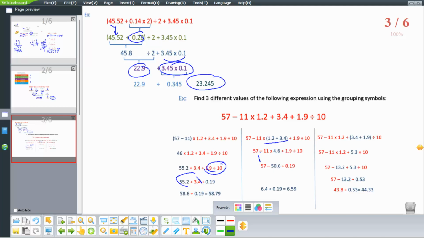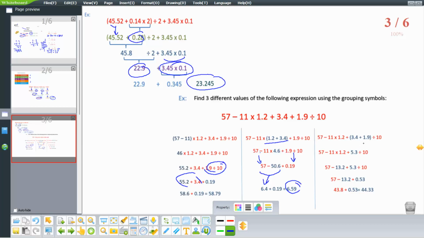And put this number as it is, and divide. 1.9 divided by 10 will be 0.19. So we have 57 minus 50.6, and it will give 6.4 plus 0.19, it will be 6.59.